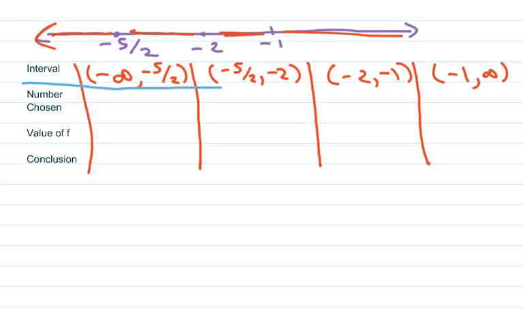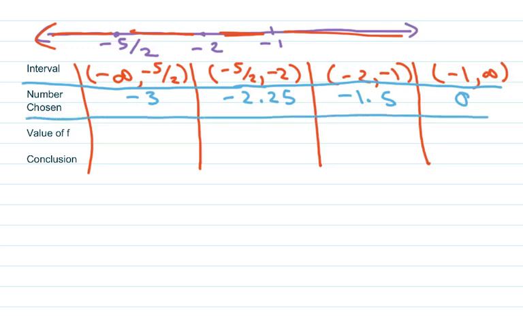Okay, we choose numbers, and the ones I chose were negative 3, no, I chose this one, I chose negative 2.25, and then I chose negative 1.5, and I chose 0 here.